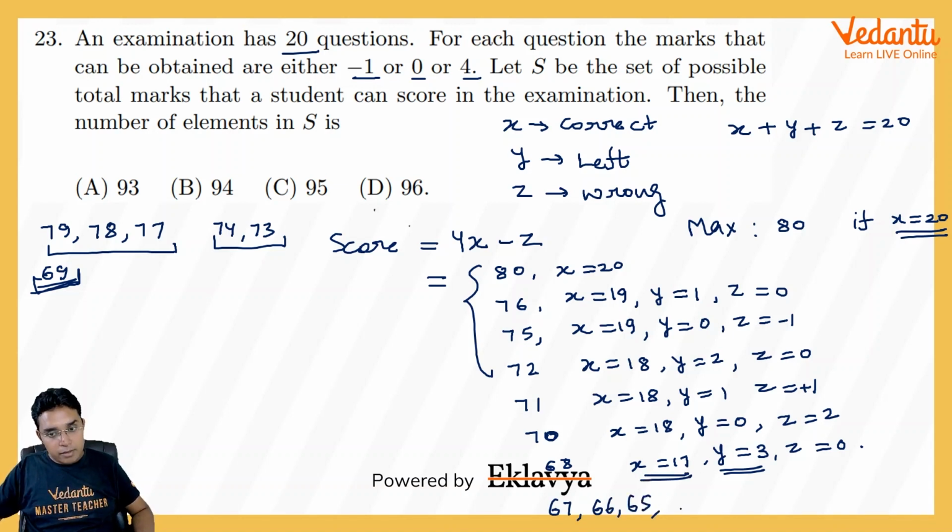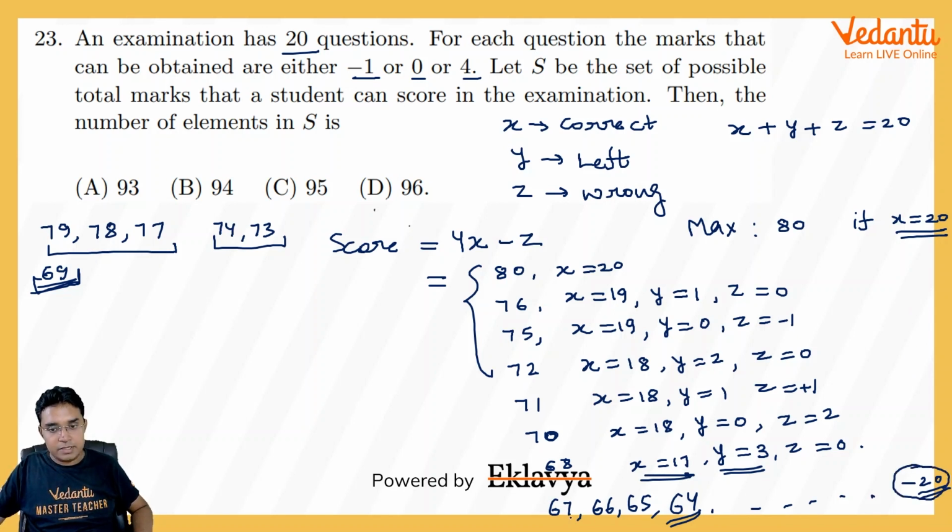And then next will be 64, which will be possible when X is 16, that is 16 questions are correct. Now, if 16 questions are correct, you have either left 4 questions or done them wrong. Because you have the liberty of switching values of Y and Z between 0 to 4, we will be able to get all the possible marks from 64 to 0. In fact, my last score will be -20, isn't it? When all questions are wrong.